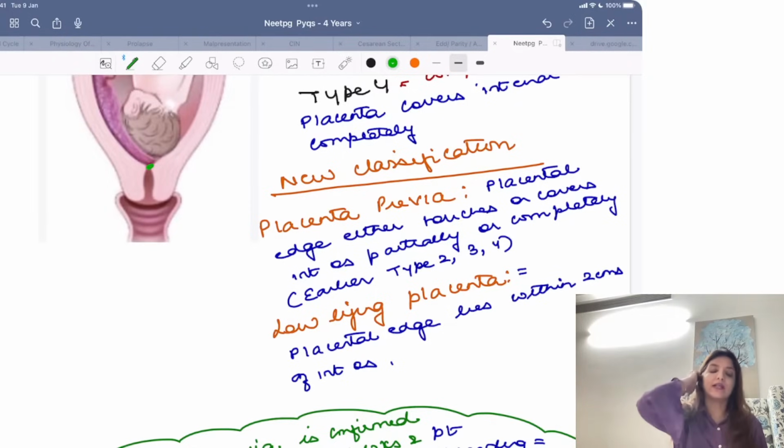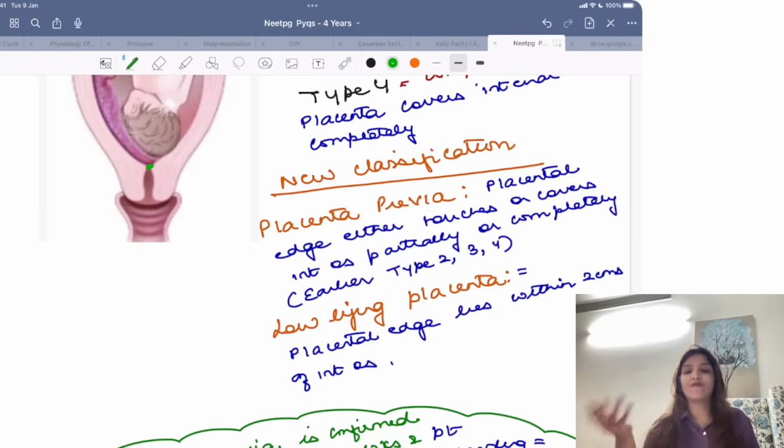Another very important thing I want you to understand: all of you know how to manage a case of placenta previa when a patient comes with bleeding. You have to either go for expectant management, that is the McAfee and Johnson regime, or for active management. But what if there is a placenta previa and the patient doesn't have any bleeding?